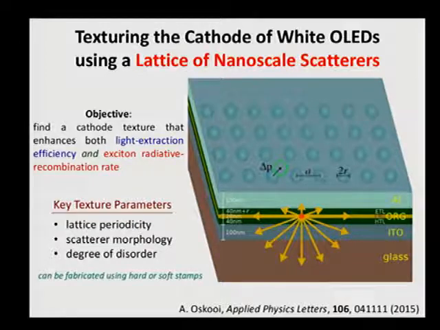There are 3 key texture parameters: the lattice periodicity, a, the scatterer morphology, which in this case are just simple hemispheres protruding from the aluminum cathode into the organic layers below, and the degree of disorder. Each of these 3 parameters plays an important role in the device performance.